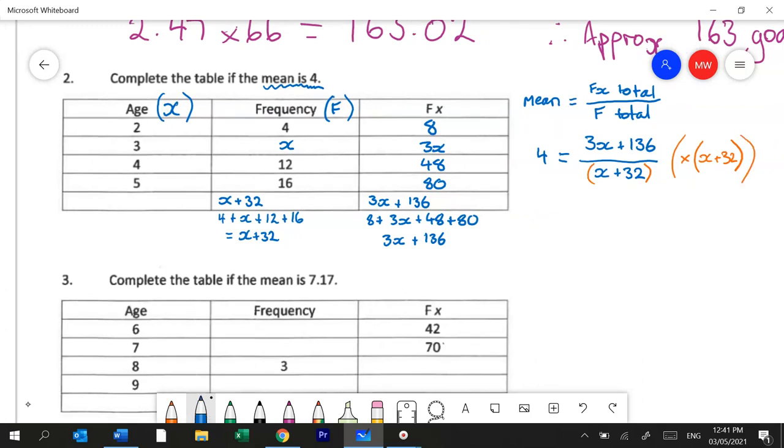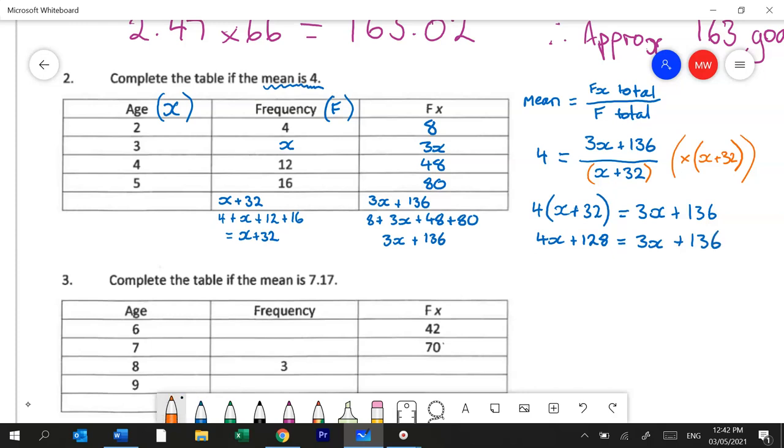And what will happen is I'll end up with 4 outside of X plus 32 equals 3X plus 136. The next move is for me to expand that, so I end up with 4 X's and 128 equaling 3 X's and 136.